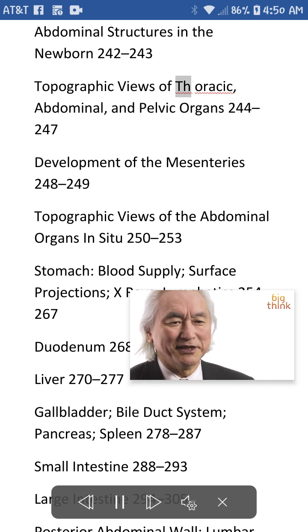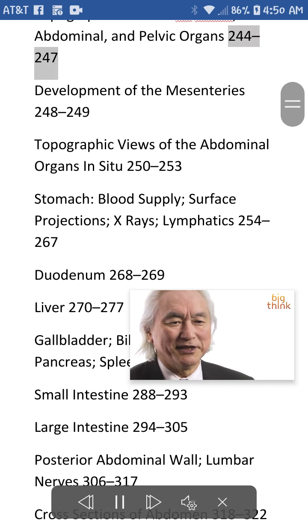Topographic views of thoracic, abdominal, and pelvic organs 244 to 247. Development of the mesenteries 248 to 249. Topographic views of the abdominal organs in situ 250 to 253.